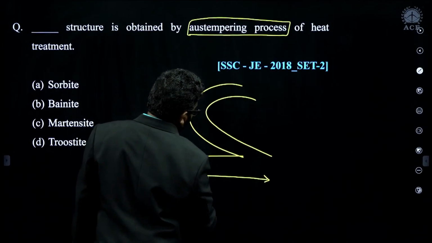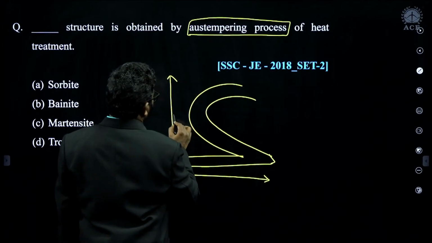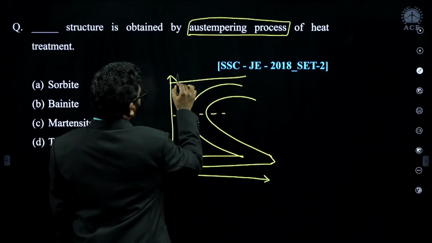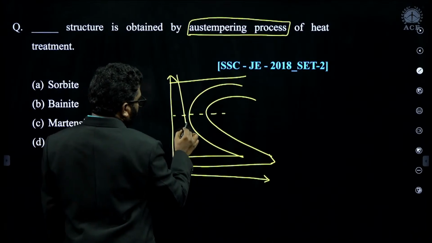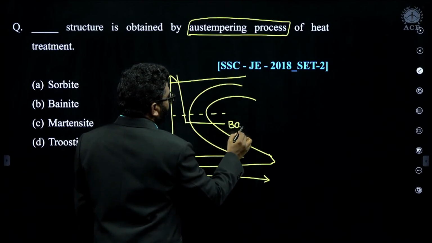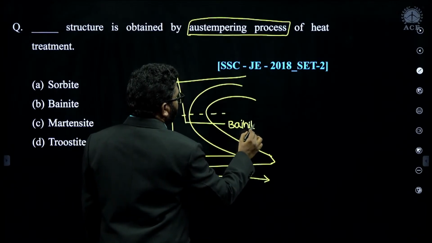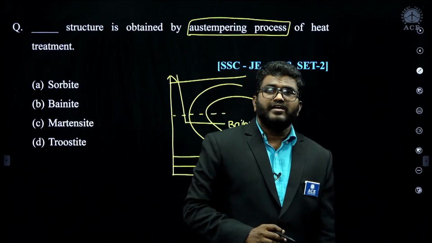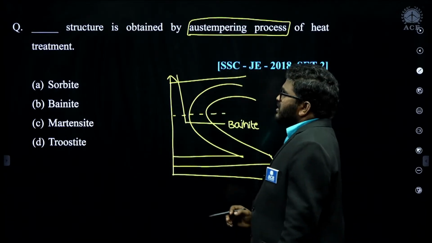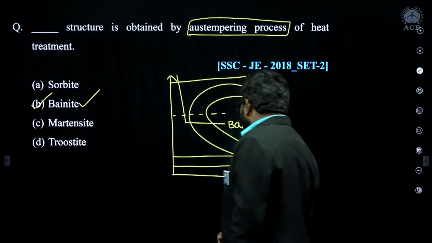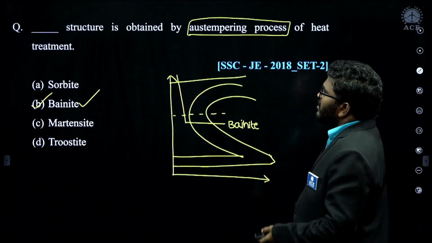Now, if I consider this is a TTT diagram, remember, austempering means rapid cooling, then isothermal cooling. So here I will get bainite. This bainite material has good toughness, good ductility, good strength. So the answer for this question is bainite. B is the correct answer for this question, right?